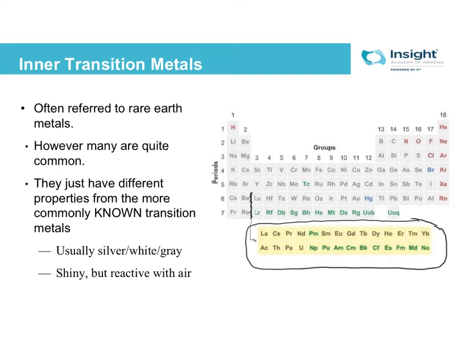For example, most of them are a silvery white gray color. They are shiny, but they're hugely reactive with water and other chemicals in the air, which tarnishes them. So if you ever see an example of one, it might not look very shiny, but that's because it's already reacting.